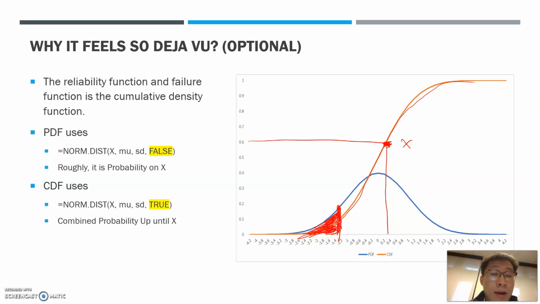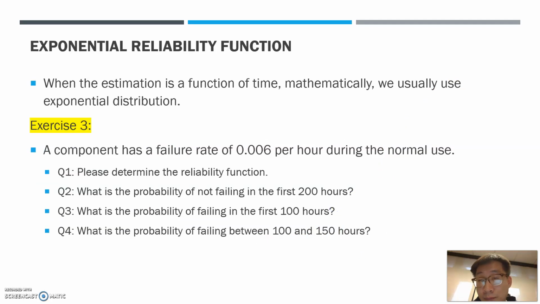Again, the blue curve tells you the general shape, the general pattern of this probability distribution. In order to calculate the probability, you actually need to take integrals. But anyway, we can move on.